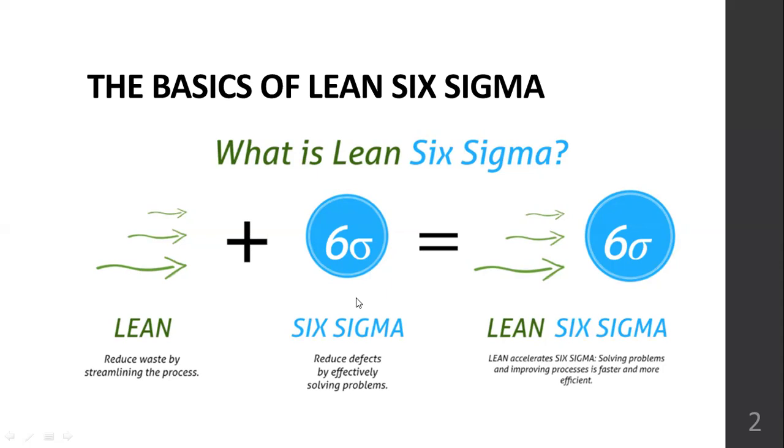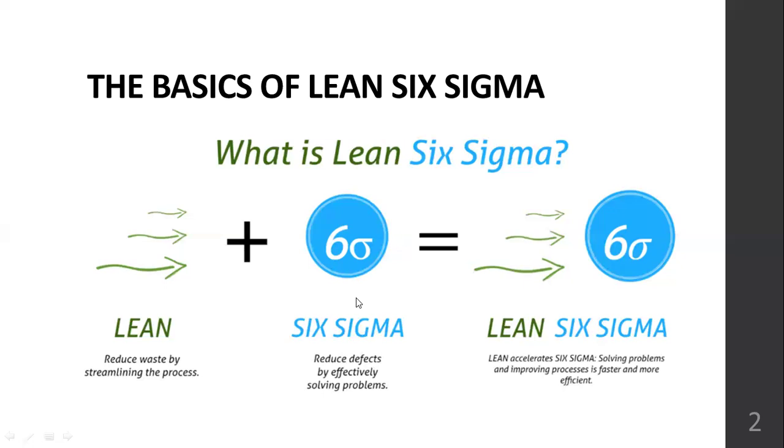Defects means something that has gone wrong, which cannot be sold. You can't sell something that is defective in the market. So when you reduce the defects, you can sell 100% of what you have manufactured. There is nothing that went into loss. That is Six Sigma. Combining both of them together gives Lean Six Sigma.